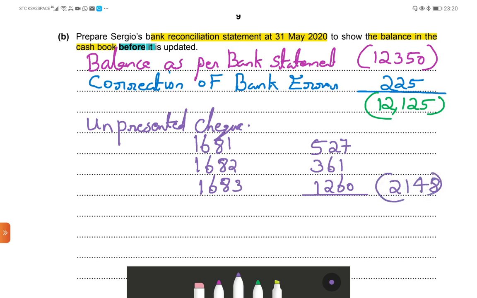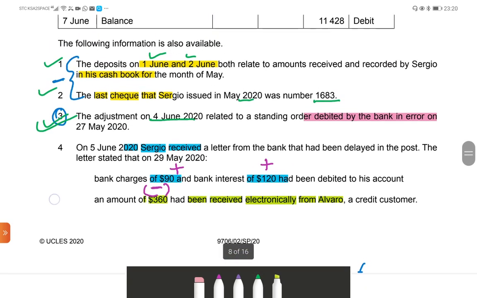We have to deduct. So what is the amount? The amount is 12,125 minus 2,148. The amount is 14,273. Is it clear? So we are done with the unpresented cheques.